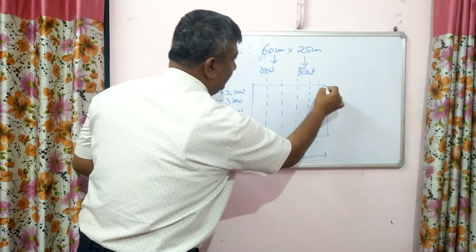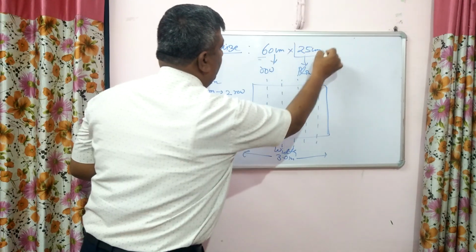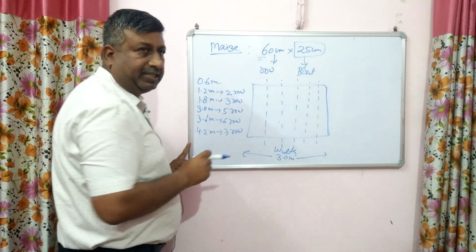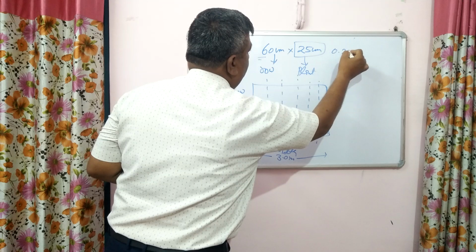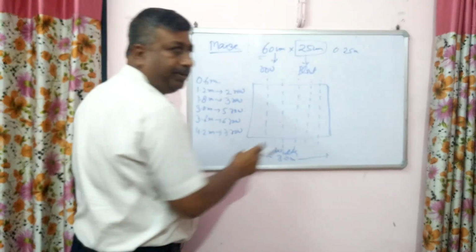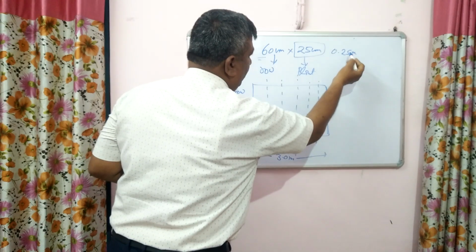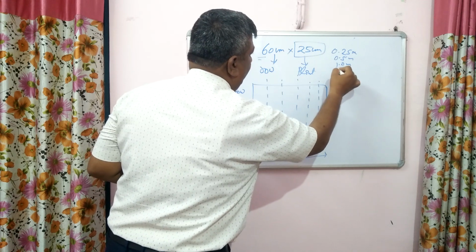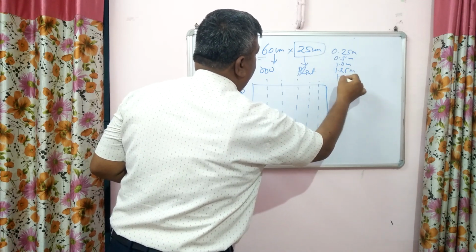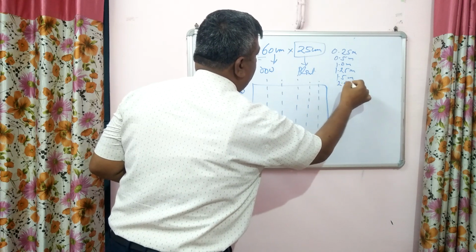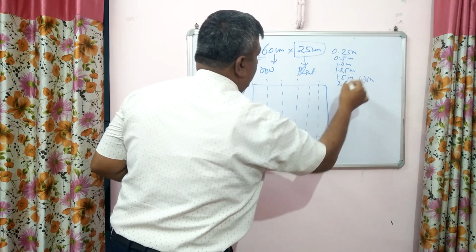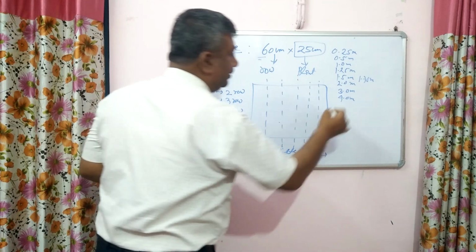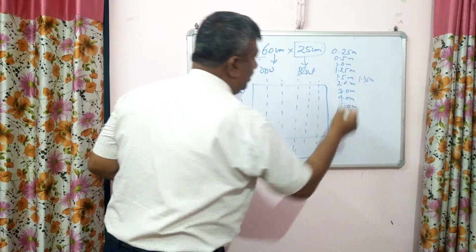Now this length is decided by the plant to plant spacing. This length should be a multiple of the plant to plant spacing. This is 0.25 meter, so the length should be a multiple of 0.25. Multiples of 0.25 mean 0.5 meter, 1 meter, 1.25 meters, 1.5 meters, 1.75 meters, 2 meters, and then accordingly 3 meters, 4 meters, 5 meters, but it should be a multiple of 0.25 meter.